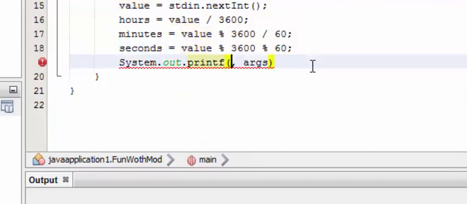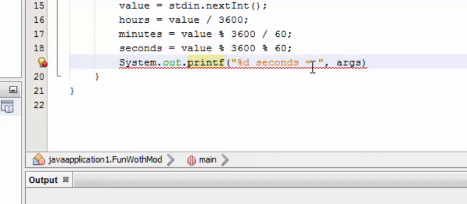So now I can say %d, that's going to be the 10,000 seconds, and then we'll put a space after that, and then we're going to put the word seconds, and then we're going to have an equal sign, and then we're going to say how many hours.